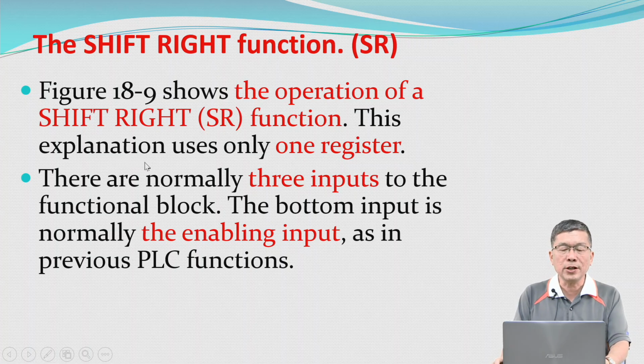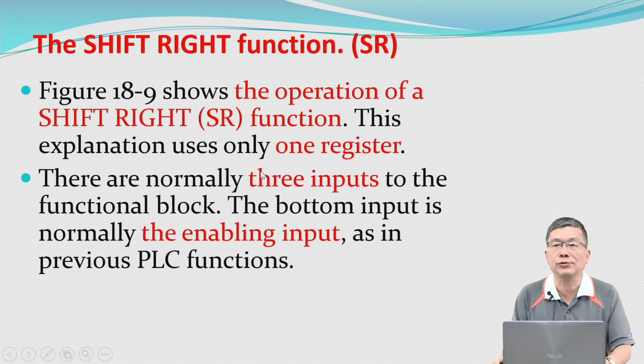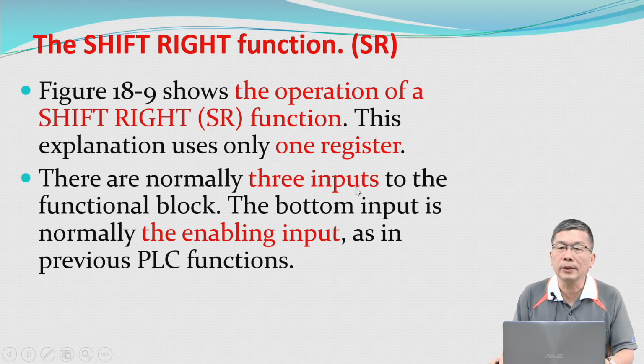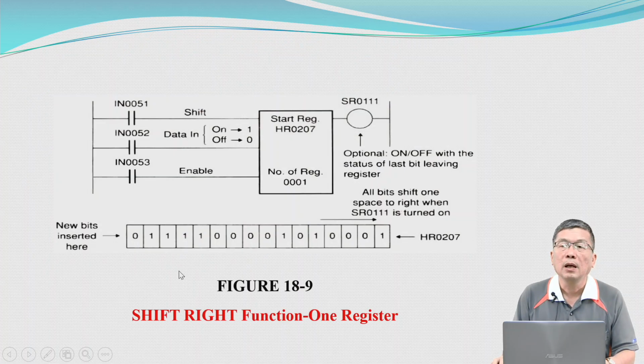This explanation uses only one register. There are normally three inputs to the functional block. The bottom input is normally the enabling input, as in previous PLC functions. The picture shows the shift right function, one register program.